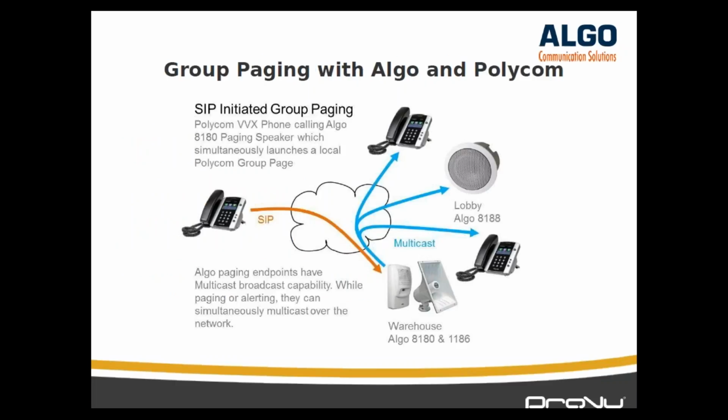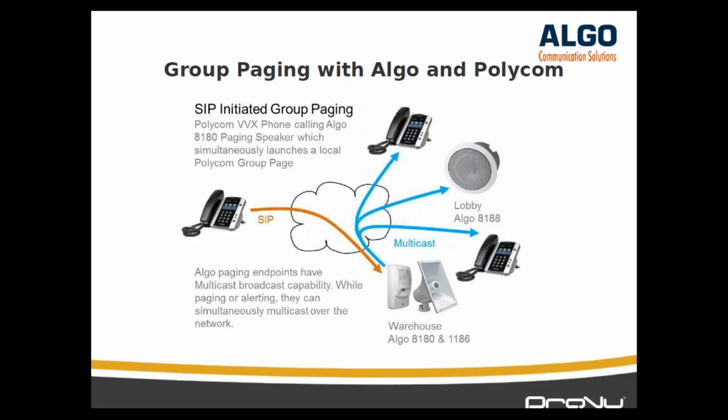So in terms of scenarios, I'll just give you two different scenarios based on multicast so you understand how it works, hopefully in simple terms. This whole diagram is basically using a Polycom Group Paging concept. It could be a group paging concept, or it could be just a single one.